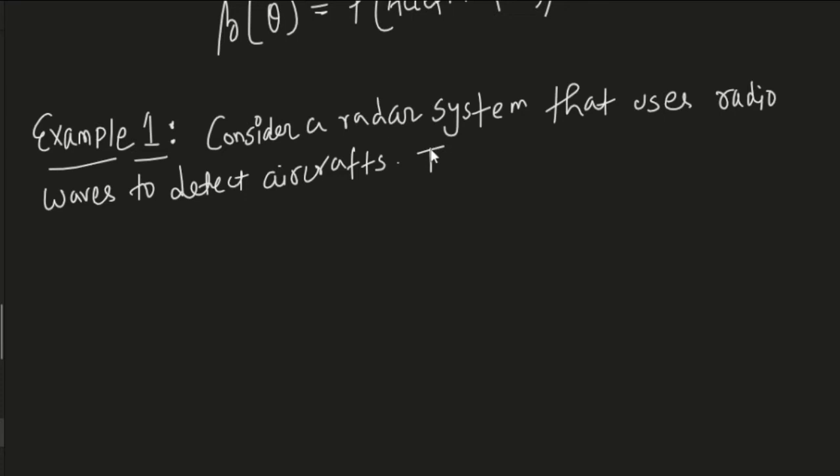So consider a radar system that uses radio waves to detect aircraft. The system receives a signal, and so understand the problem carefully first. Read it once again when I finish it, and after a while we can start discussing the solutions one by one, because there are multiple parts to this problem as well.